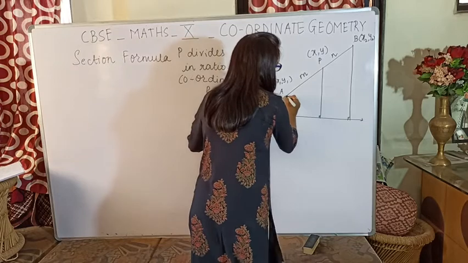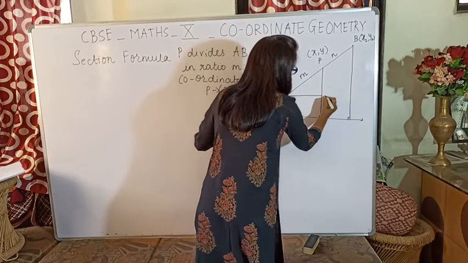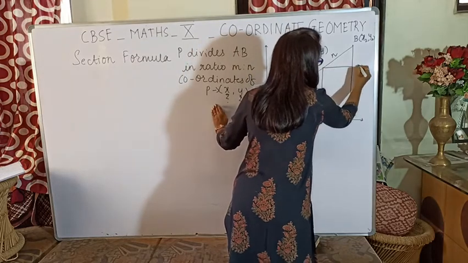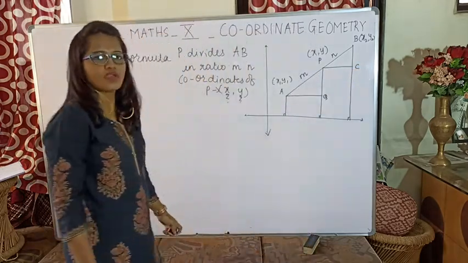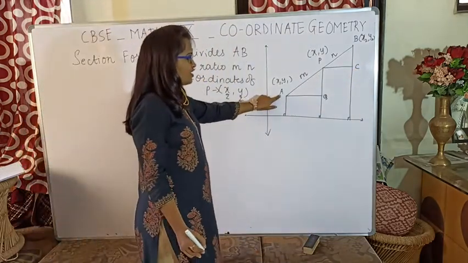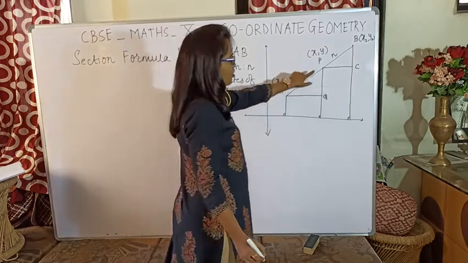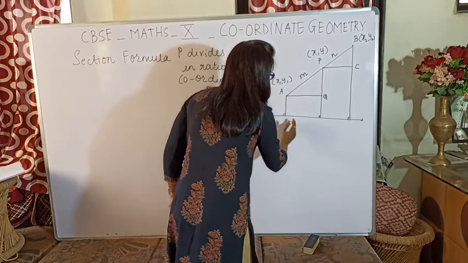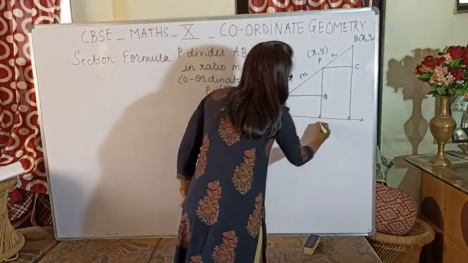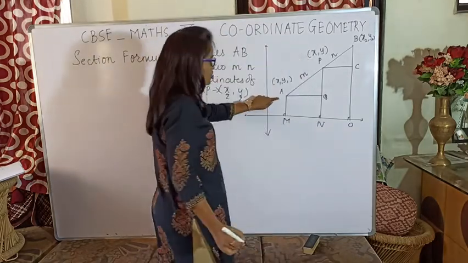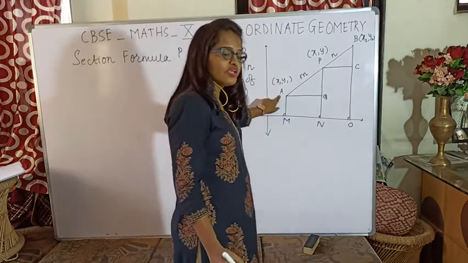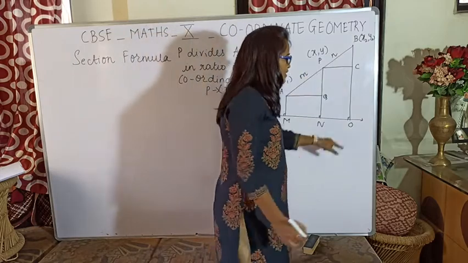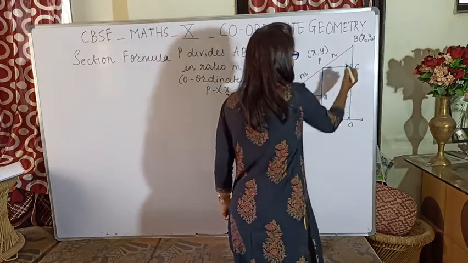Let us join line AQ, whereas line PC. Again, I am drawing a perpendicular from A on this line. Suppose I name this as MNO. So from A I am drawing a perpendicular on PN, whereas from P I am drawing a perpendicular on BO.